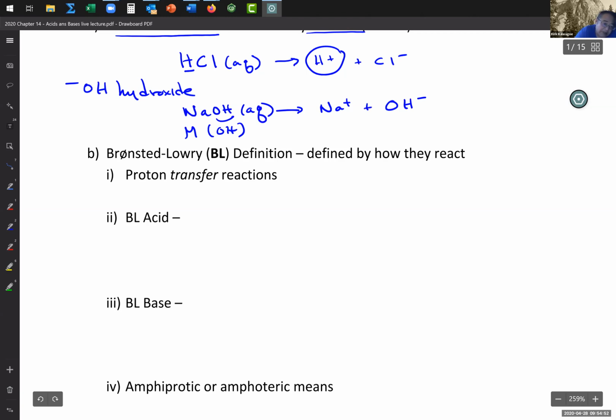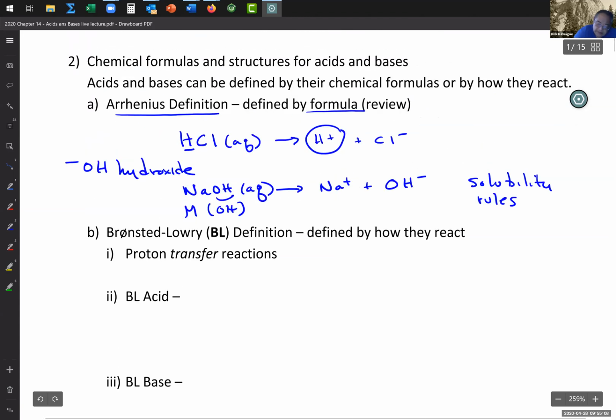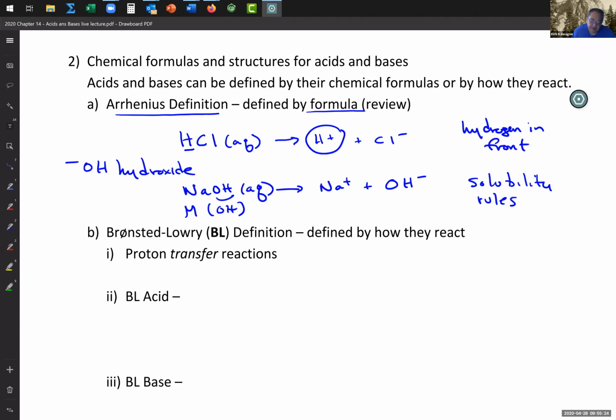Whether or not that happens is based on solubility rules. With acids, we know they're going to do this by formula, that the hydrogen is in the front. That's how the Arrhenius definition defines acids and bases.